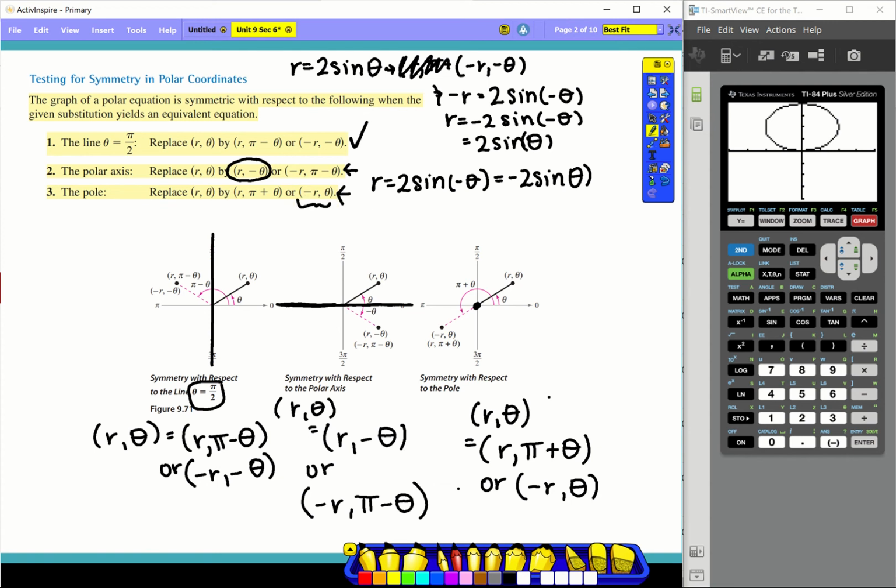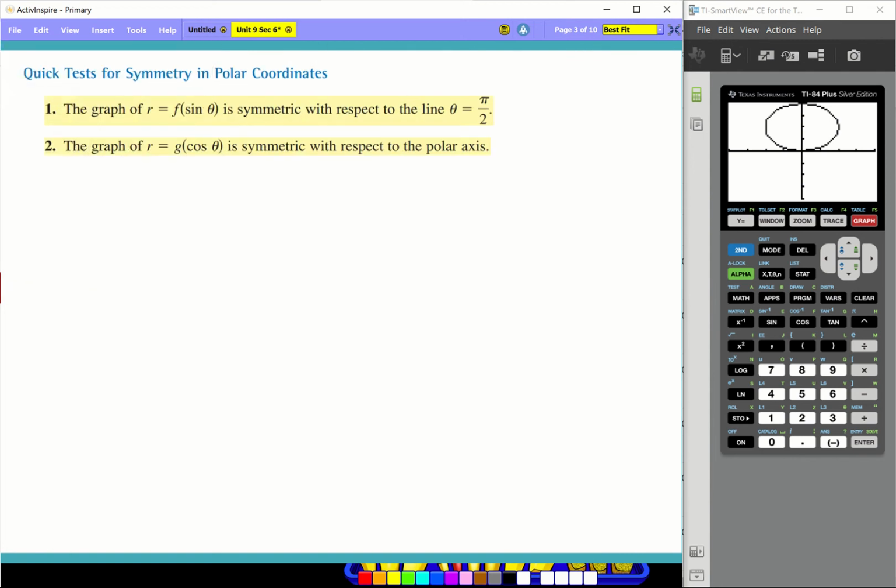Well, if we replaced it with just a negative r, we'd have negative r equals 2 sine theta. Getting rid of that, r equals negative 2 sine theta. So yeah, it's not the same. So this one is only symmetric with respect to the line theta equals pi over 2. That's a little example.